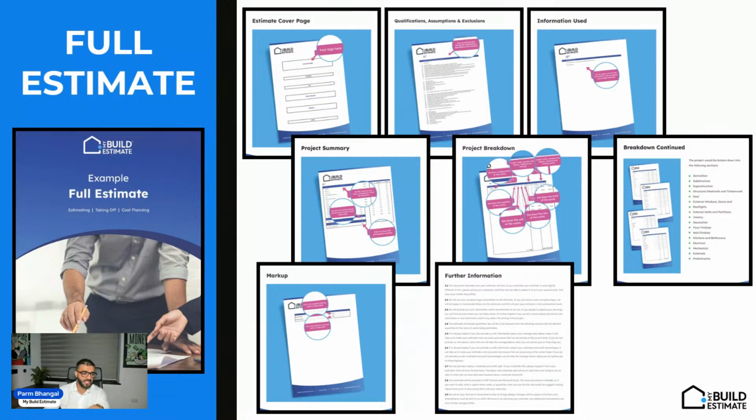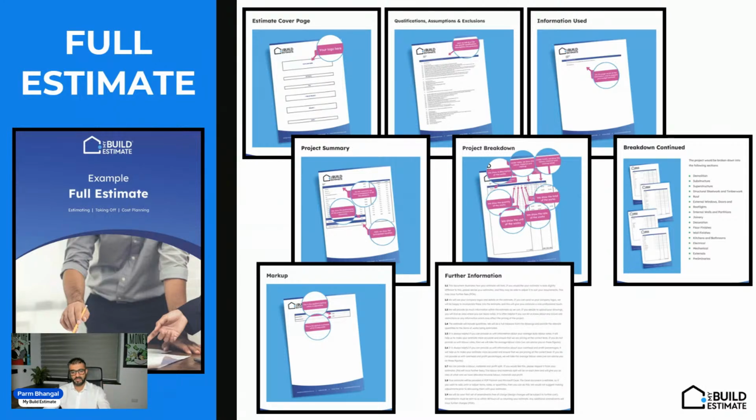If someone is getting you to do a 30, 40, 50, 70, 100, 150, 200,000 pound project, they want to know that you are the person that has the capabilities to do that project. And that comes as part of your presentation. Part of your presentation is the estimate. When they know you spent the time and effort estimating their project, they feel a level of comfort in using your services.